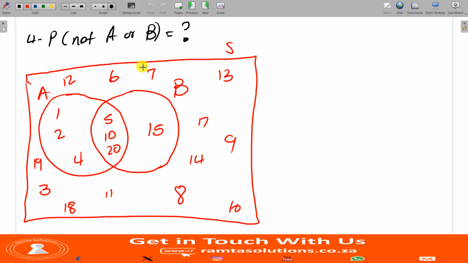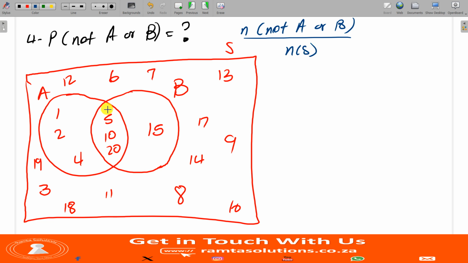So with this particular question, I'm going to change the color because I've been using red. Let me use blue. We need to find, remember guys, not A or B. What you can do, maybe save yourself time, is say the number of not A or B all over sample space.